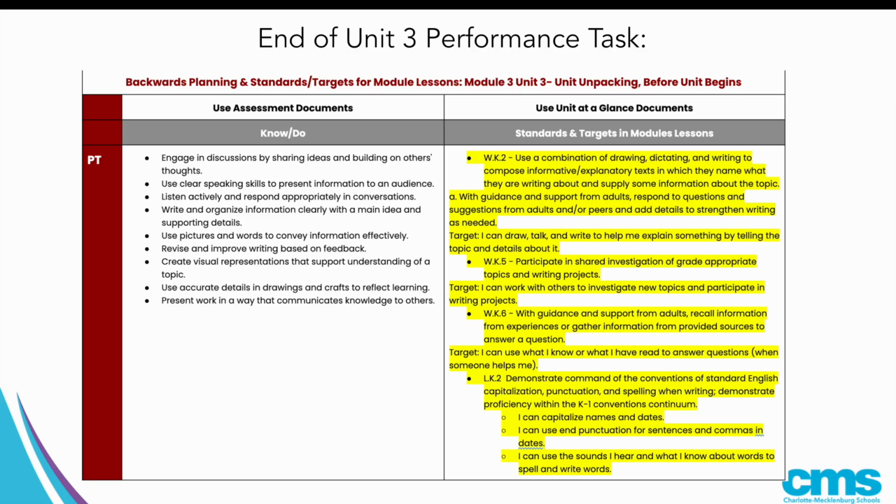So you could see the standards for this performance task are heavy with the writing and language standards. Again, we know how important the RI standards are going to be as well, because that's going to really be showing us students' comprehension with the content knowledge.